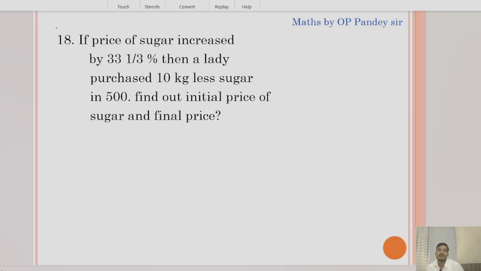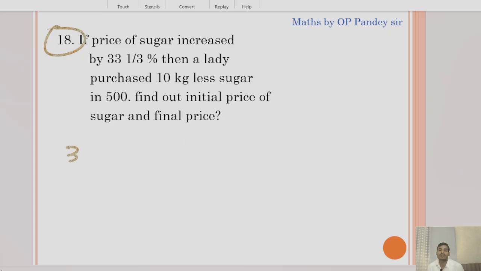Next question is question number 18. If the price of sugar increased by 33 whole 1 divided by 3%, then a lady purchased 10 kilogram less sugar in 500. Find out the initial price of sugar.